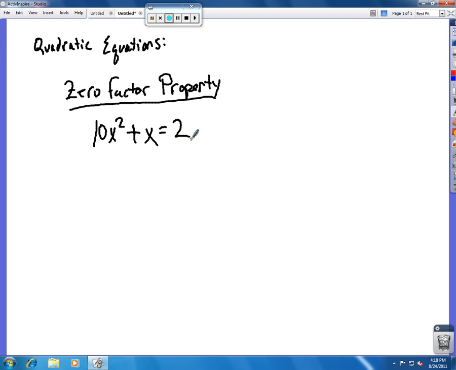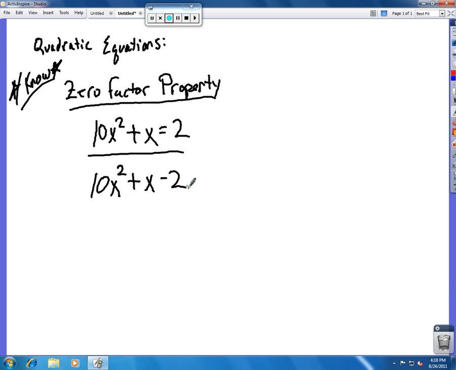Like we just saw, we want to make sure we always do this. This is not in the correct form yet, so what we need to do automatically every time is get everything to one side so it's equal to 0. It's very important. And from there, now we can start factoring.